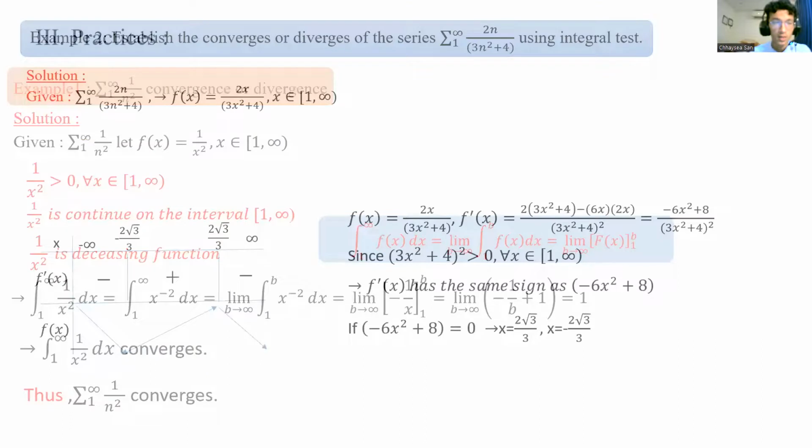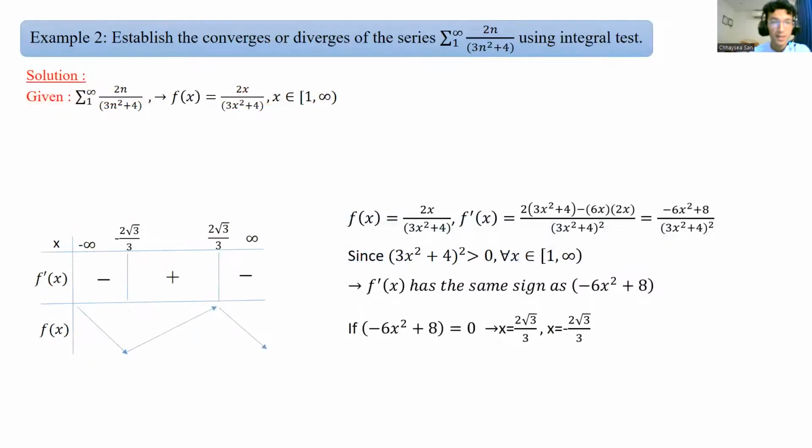So let's move to example 2. Establish the convergence or divergence of the series using the integral test. The exercise tells us that we need to use the integral test to see whether our series is convergent or divergent. But we still need to prove that our function passes the three conditions.